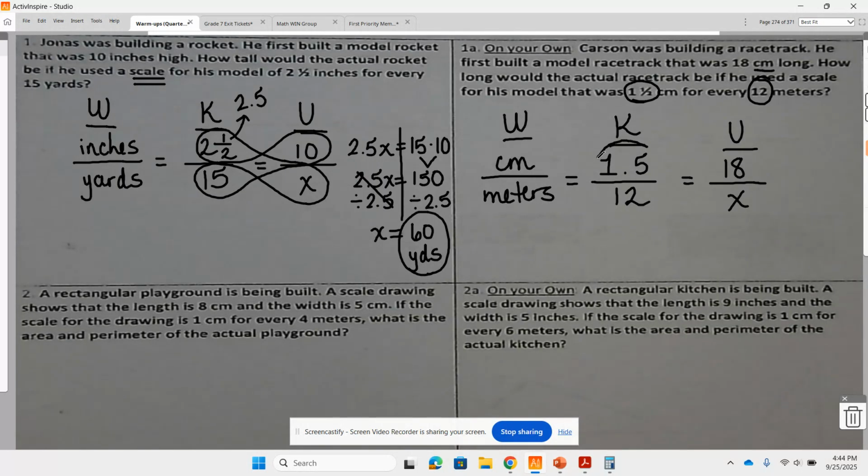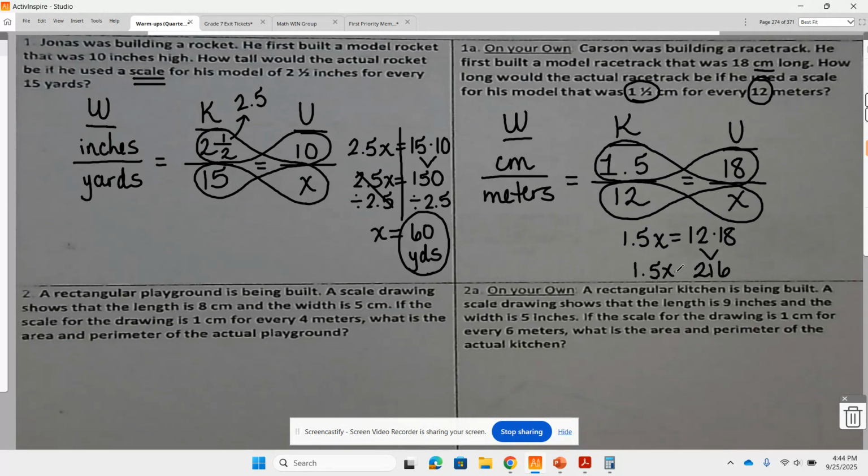All right, let's try our cross multiplication. So 1.5x is equal to 12 times 18. Okay, again, multiply these two together, and that would be 216.